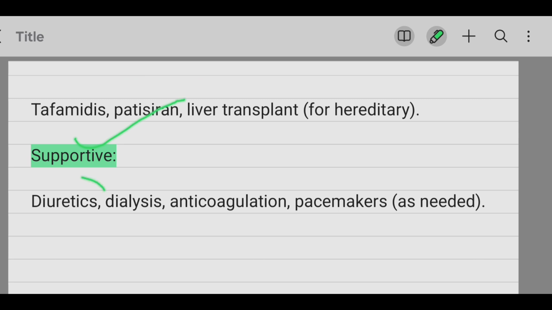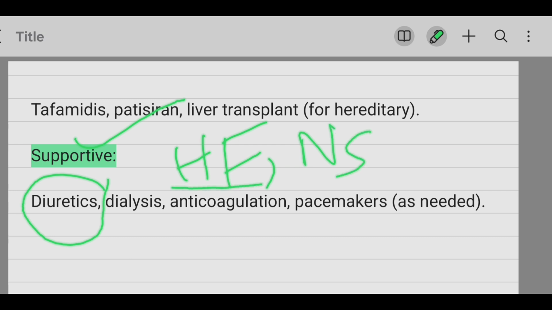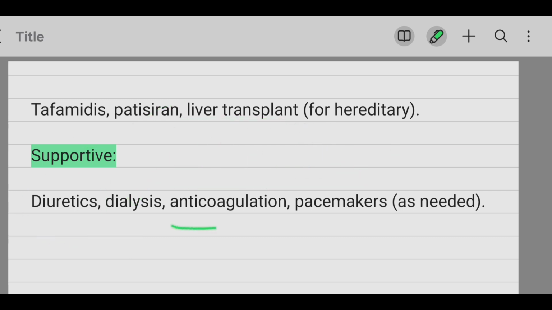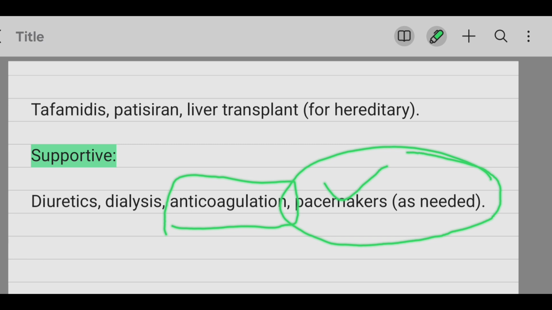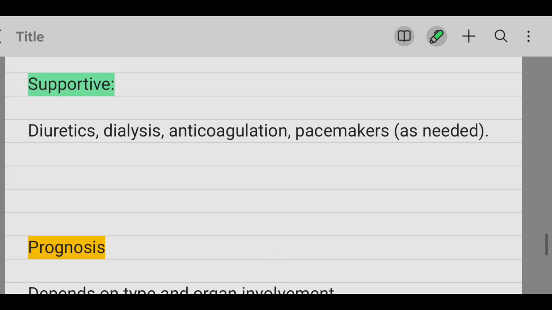Supportive treatments are also needed. For example, diuretics are needed when you have heart failure and when you have nephrotic syndrome. For these conditions, you can use diuretics, dialysis for chronic kidney disease, anticoagulation, pacemakers as needed, because pacemakers are required when there is cardiomyopathy, and this cardiomyopathy can lead to arrhythmias. Therefore, pacemakers may be required.